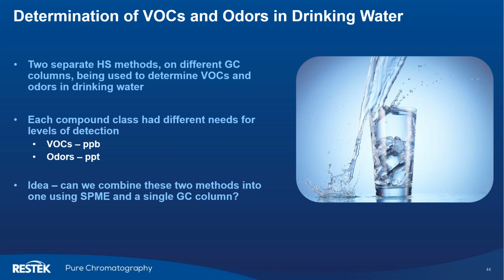Each of these compound classes, the VOCs and the odors, had very different levels of detection, which we thought might be a big challenge for us. For the VOCs, we were looking at part per billion levels, whereas for the odors, we were looking at part per trillion levels. So again, the idea: can we combine these two methods into one using SPME and a single GC column?